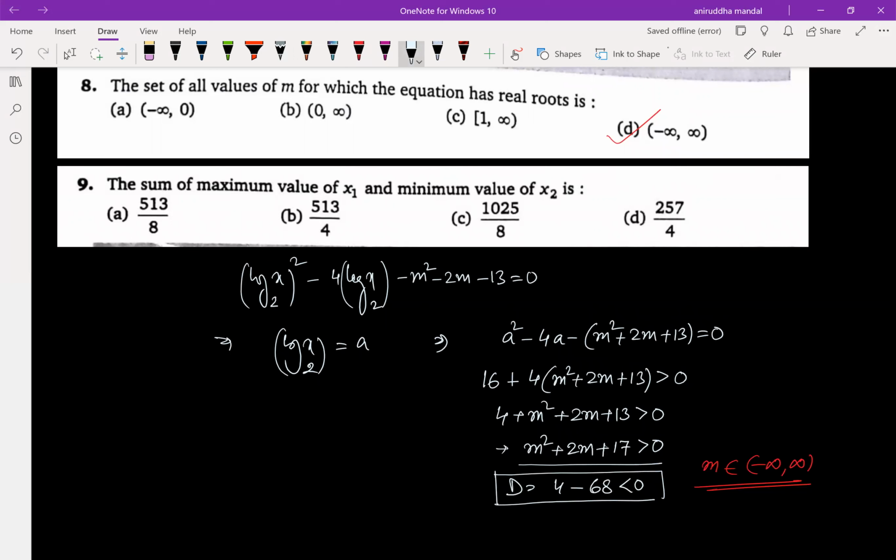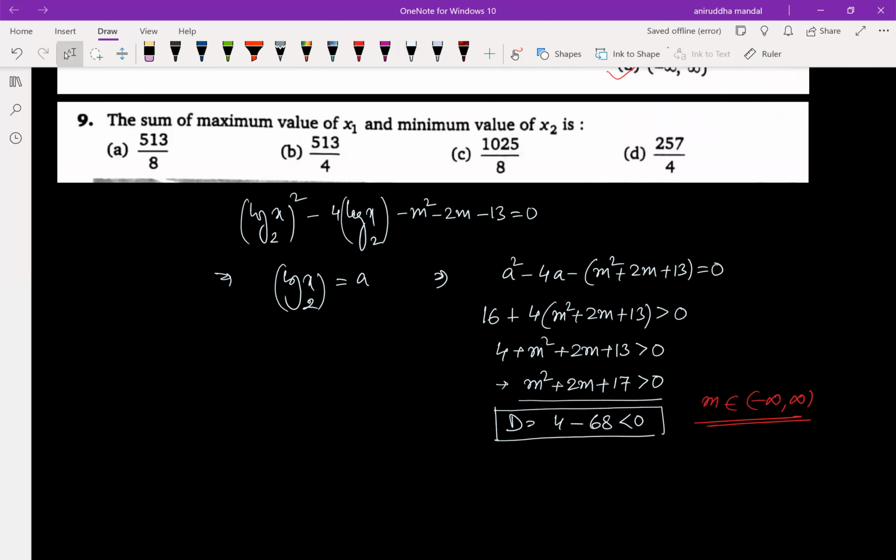Next is the sum of the maximum value of x1 and the minimum value of x2. Okay, so let's write this equation.